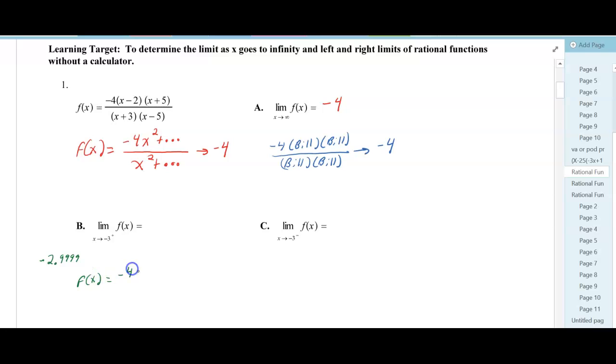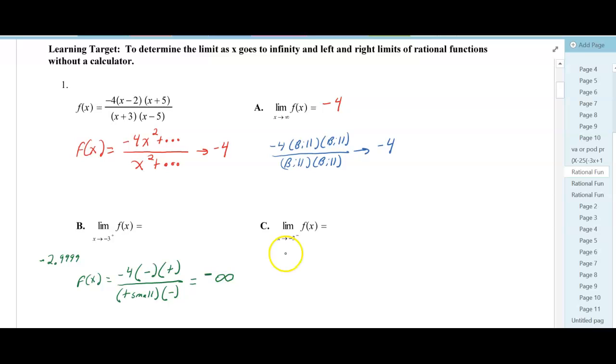You have negative 4 times a negative number times a positive number, divided by a small positive, times a negative. So the three negatives make a negative, and dividing by a small number makes this go to infinity.